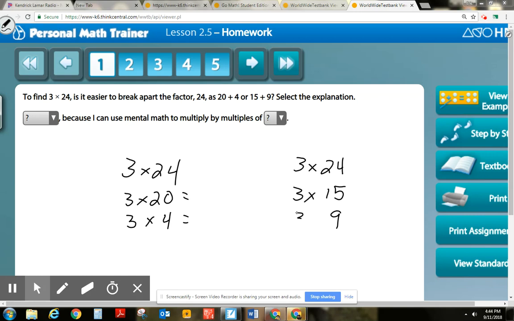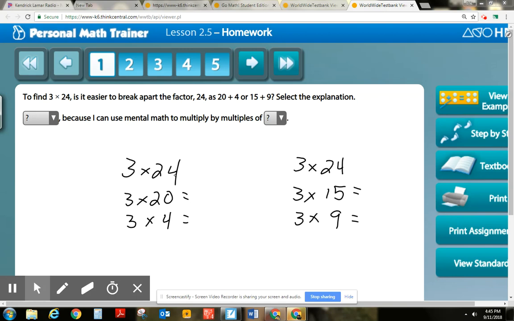Well, which one do you think is easier? I think this way is easier. I mean, they're both going to give us the same answer. But I feel like these factors to multiply are going to be way easier than multiplying here.